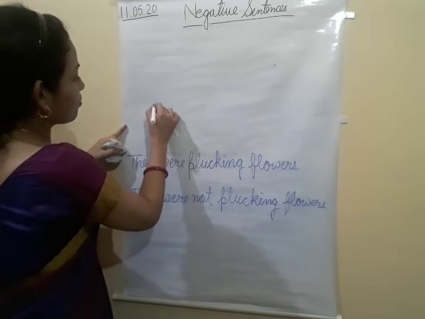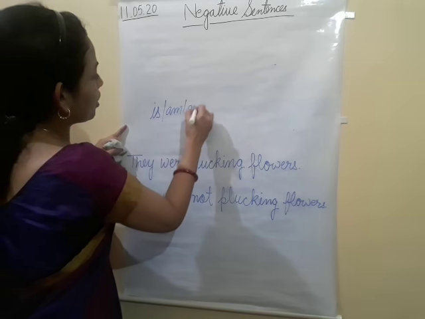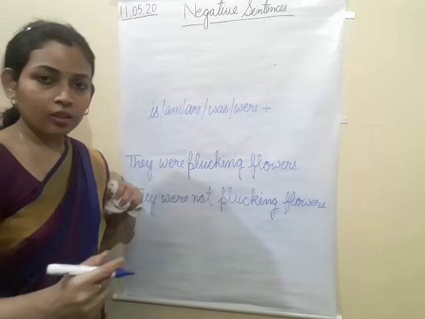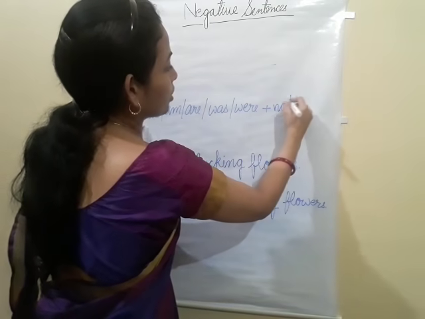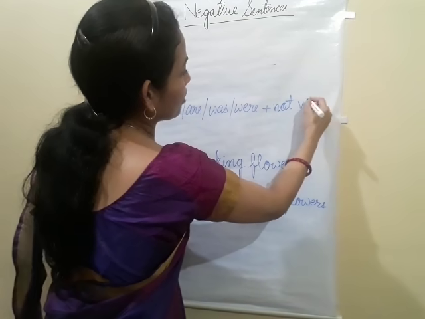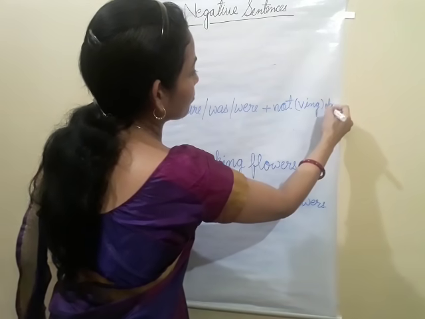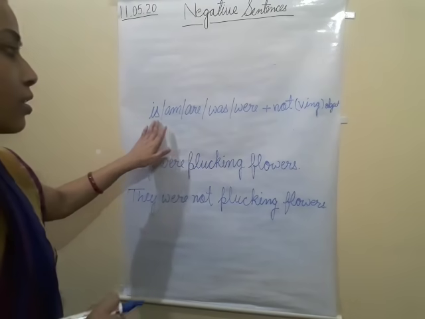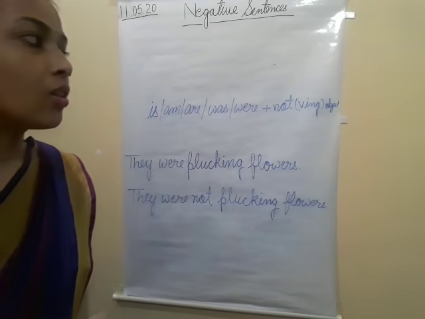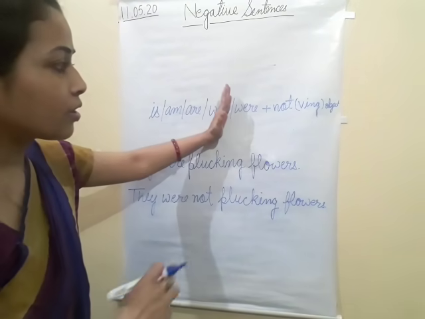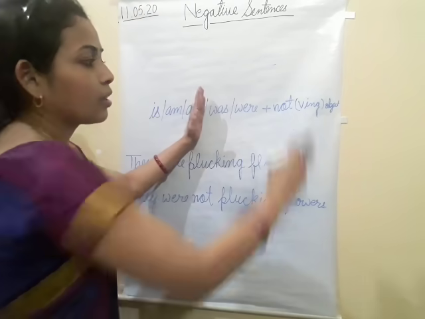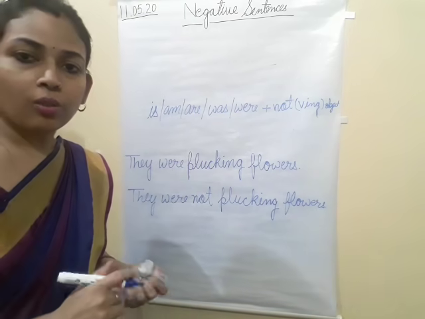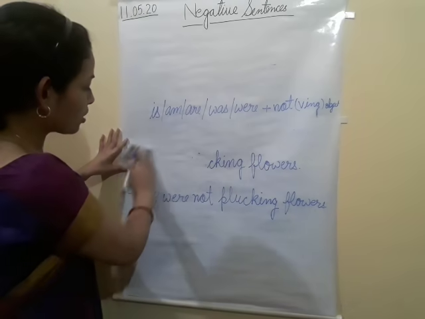Is, am, are, was, were, then not, verb ing form, and object. Clear? So in present continuous tense we use is, am, are, not, ing form of verb, object. In past continuous tense we use was, were, and the rest will be the same. Okay. So I hope this topic is clear now. I hope you understood this topic.